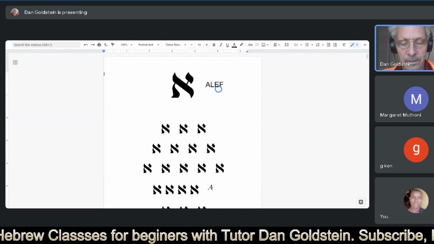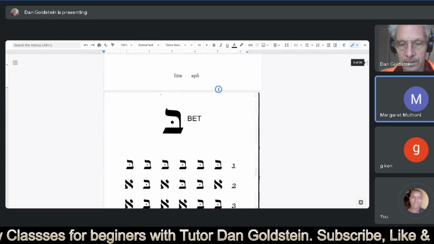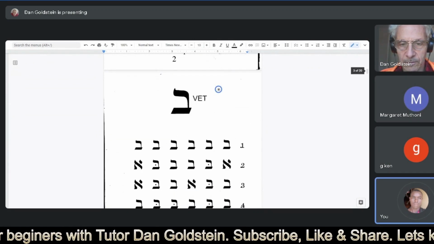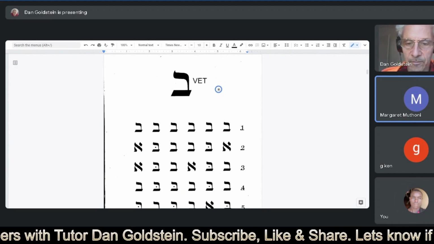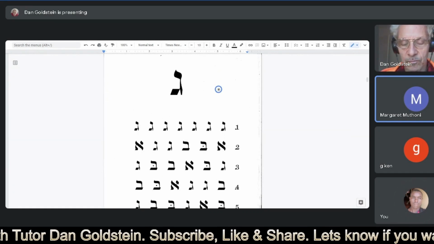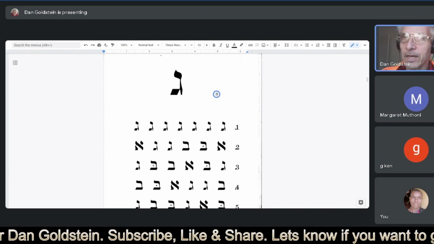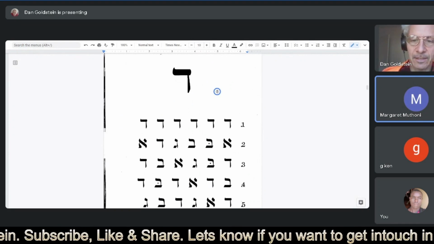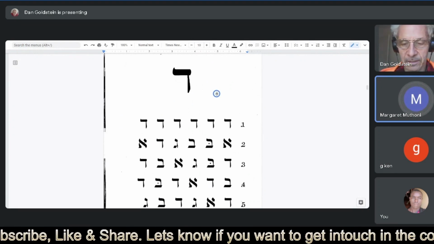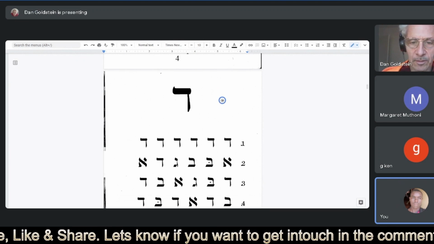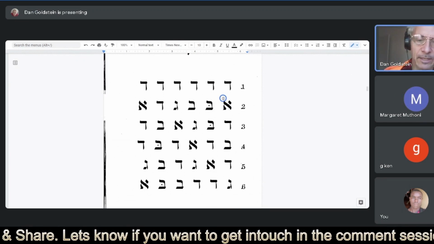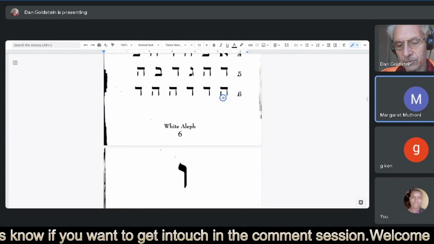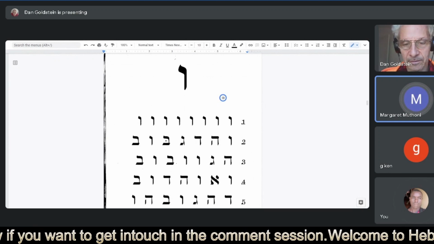Aleph. Bet. Gimel. A little bit louder, kindly, Margaret. Gimel. Good. Het. Dalet. Good. He.